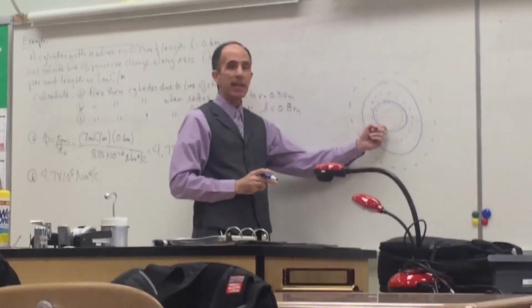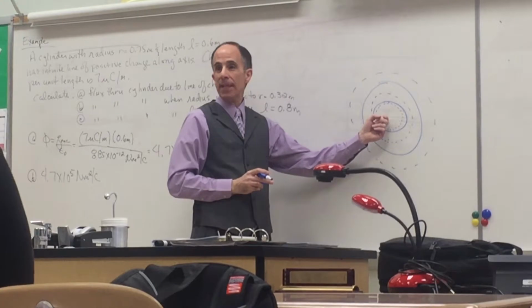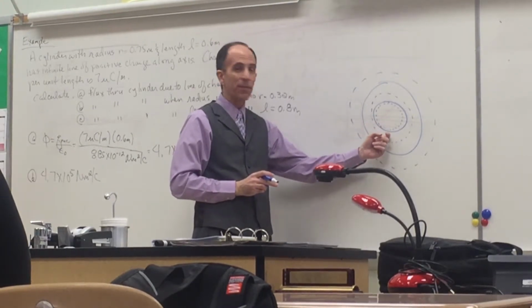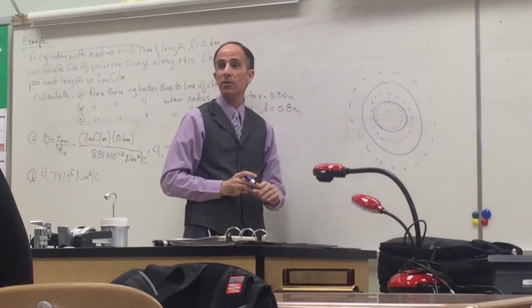If I put it internally within the cavity, it would equal 0. Once the field penetrates the Gaussian surface and comes here, I'm going to detect something else. We're going to get into that a little bit later, what that actually means.